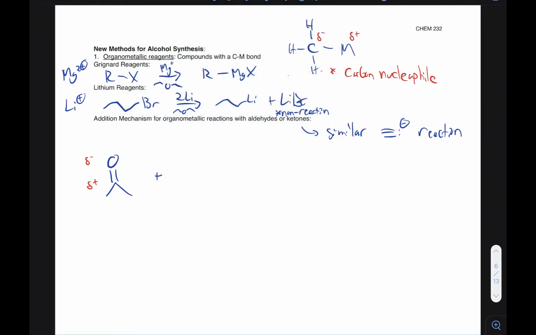And let's say we have some Grignard reagent, like so. Remembering that carbon is nucleophilic now, it will react with that electrophilic carbon, generating our intermediate here.